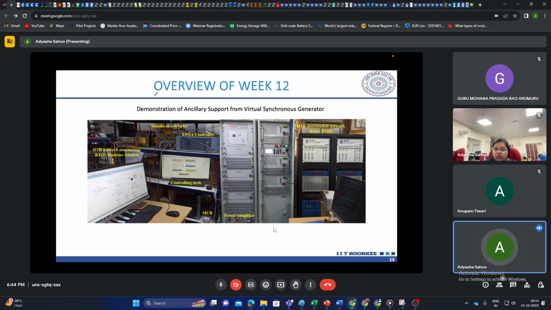Do you remember whether this study that we are doing for ancillary support for virtual inertia was for grid connected or isolated mode?